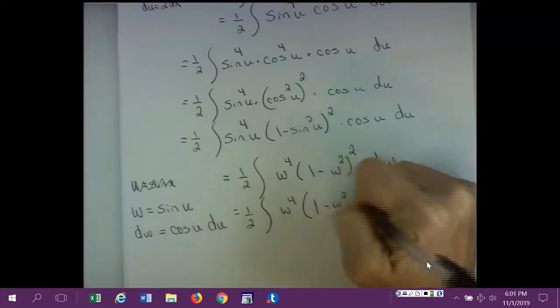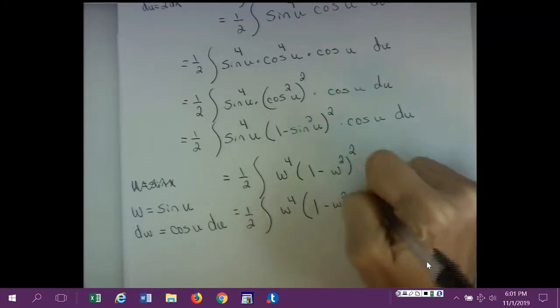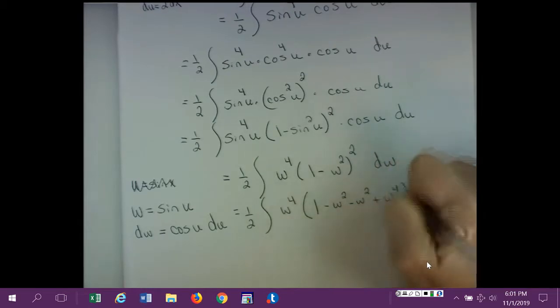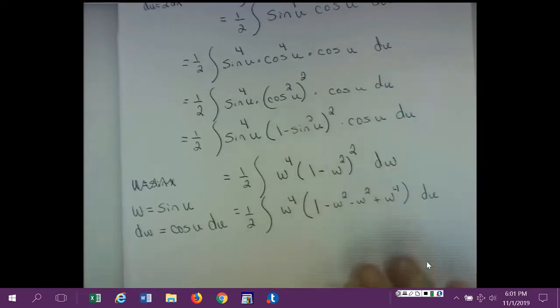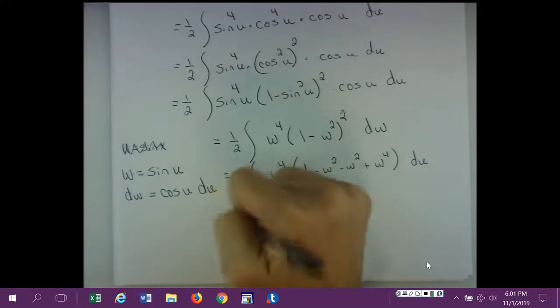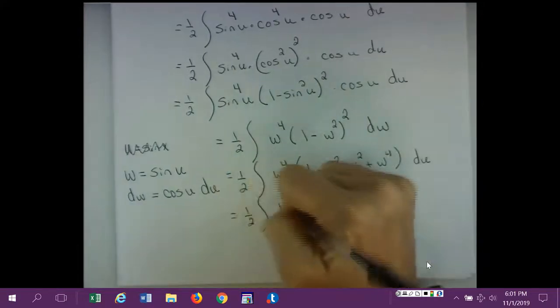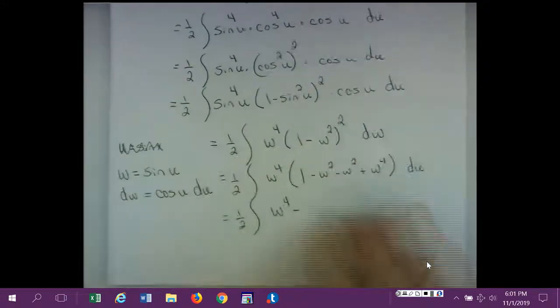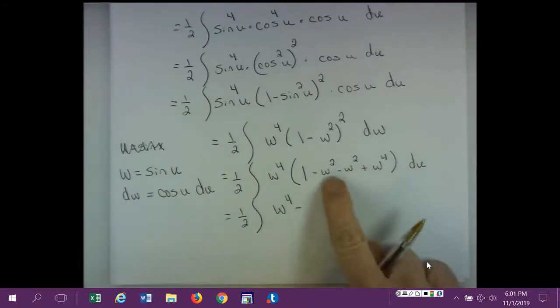The inner terms, negative w squared. And the last terms plus w to the 4th. Then I distribute w to the 4th to all of these. So that's w to the 4th minus, well, to be honest, you could collect this and make this minus 2w to the 2nd power.